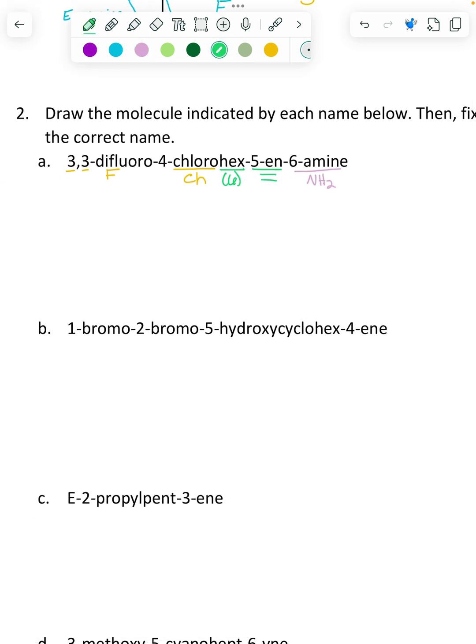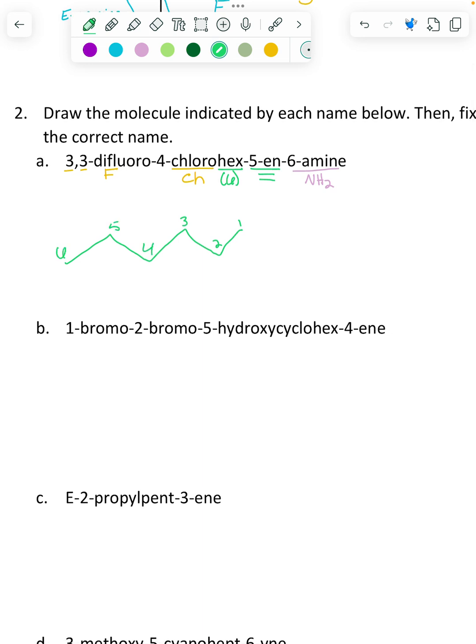So we're going to start with drawing our parent chain with that double bond. And now I'm going to number them. We know that there is a double bond on the 5th carbon, which is right here. So from 5 to 6, there's a double bond right there. And then on the 6th carbon, there's an NH2 group.